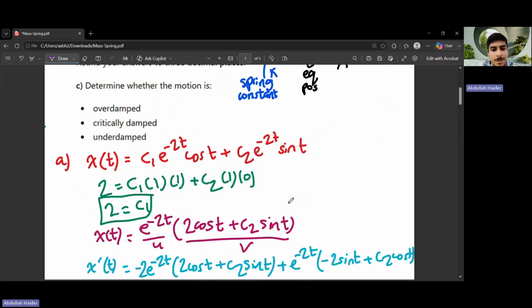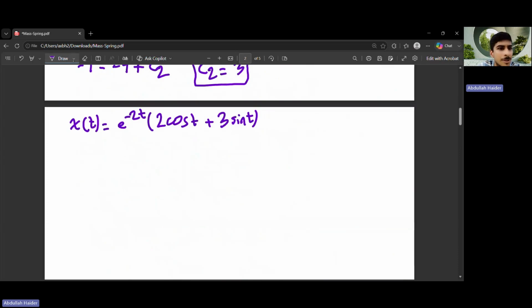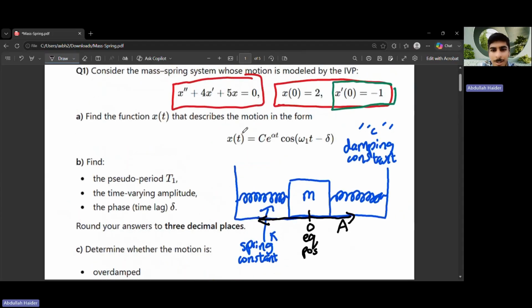Before I get to this, I'll explain a few formulas you really need to know. C is, no, this is not the small c, this is not the damping constant. This is the big C, and this big C is called amplitude. I think I should write this question here first.